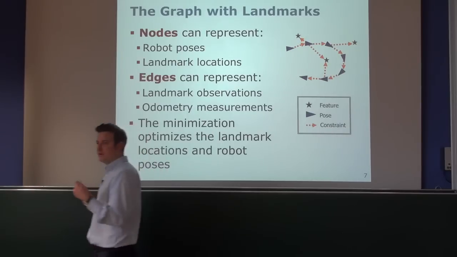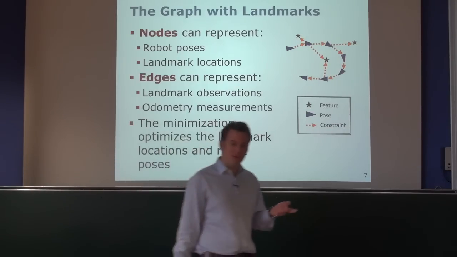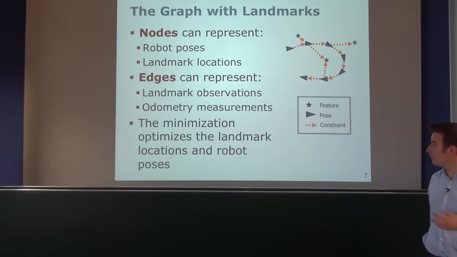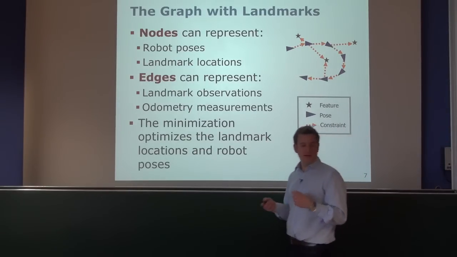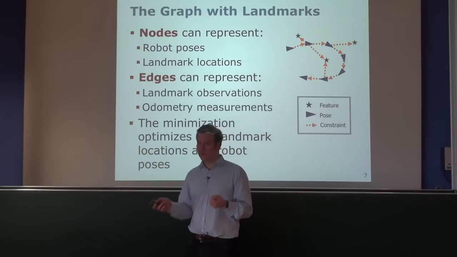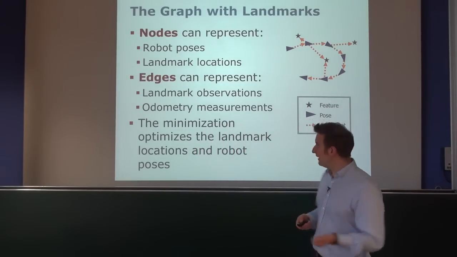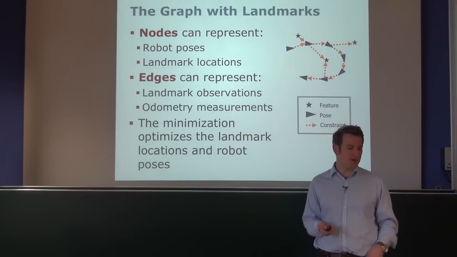The difference is now that the nodes include the robot's pose as well as the position of the features or landmarks. I want to find the configuration of the nodes which minimizes the error introduced by all those constraints. So the underlying minimization problem seems very similar, except that we have different types of edges and different types of nodes in our graph, or at least partially different ones.